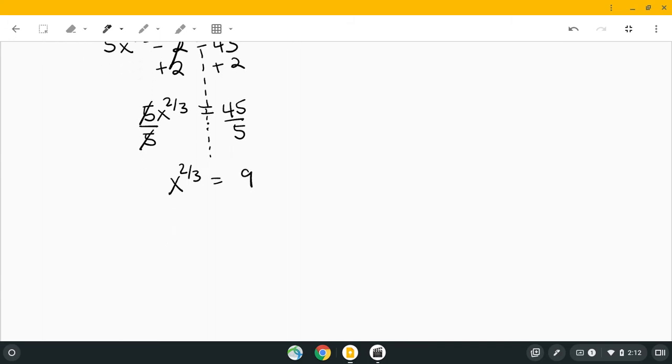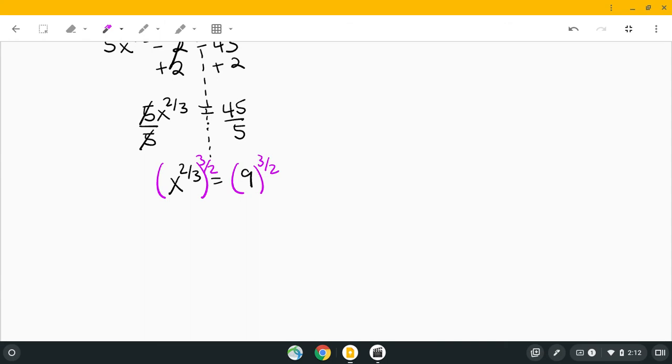Right here, this is the part where you need to somehow cancel out that fraction power, and this is where you can use the reciprocal. So you can raise both sides not to the 2/3, but to the 3/2. What you do to one side, you do to the other.